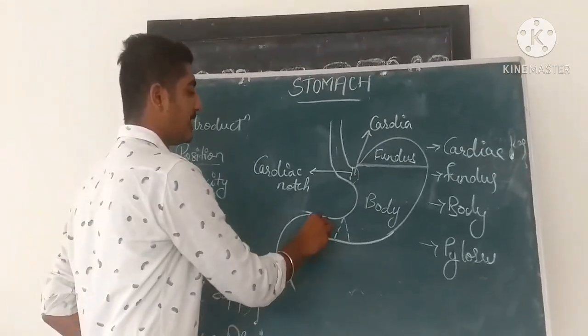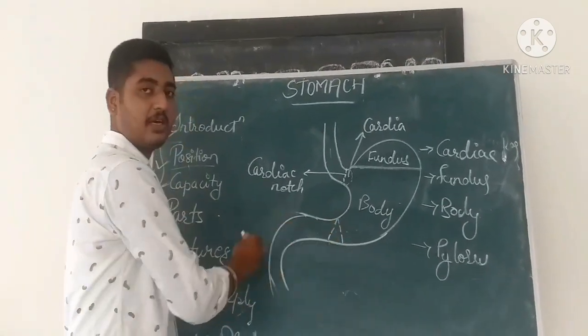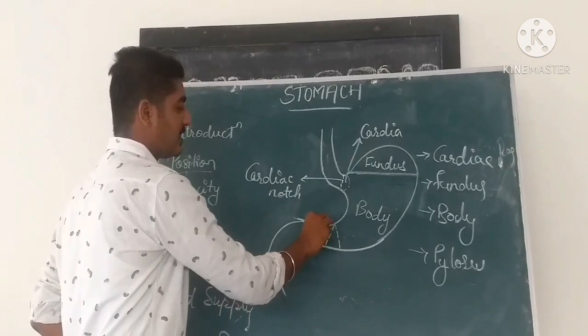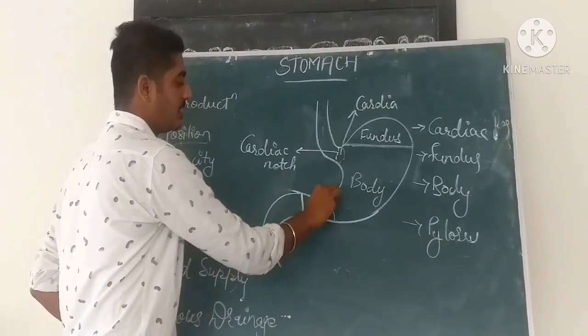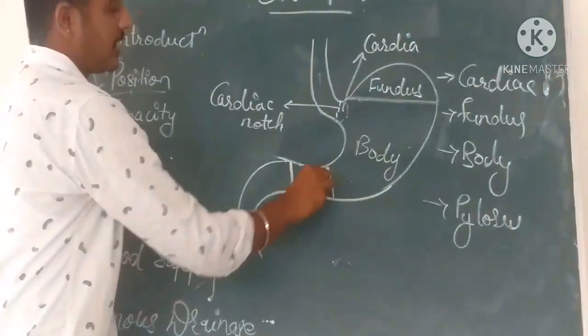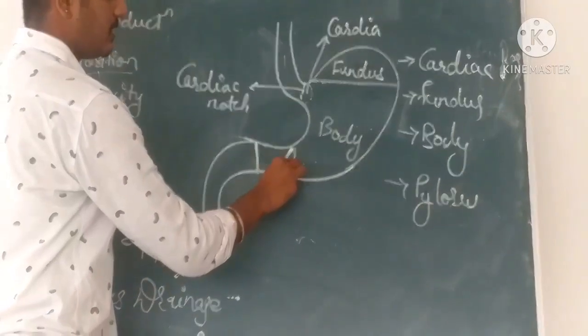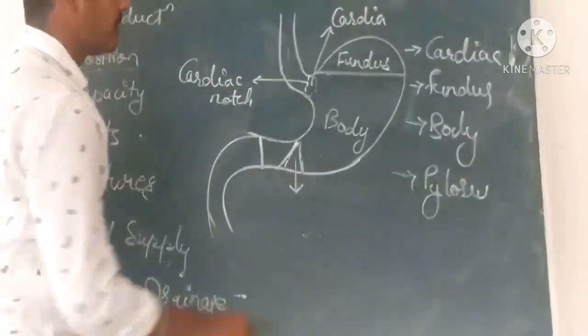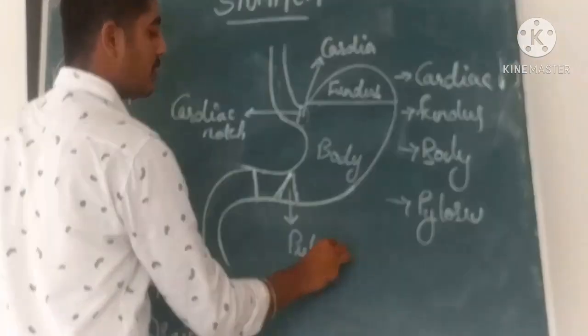Now this pyloric region is divided into two parts. Immediately after the body, the pylorus starts, and it is divided into two regions. This first region is called the pyloric antrum.